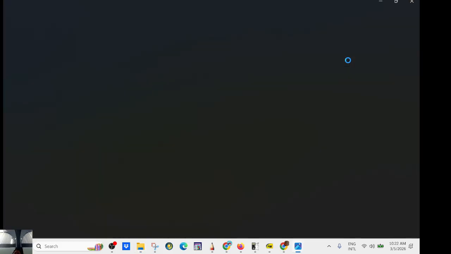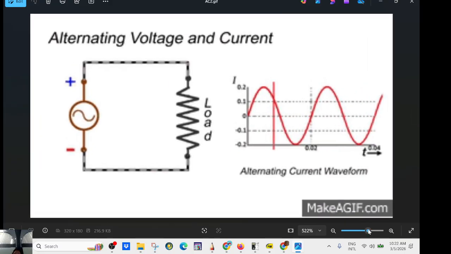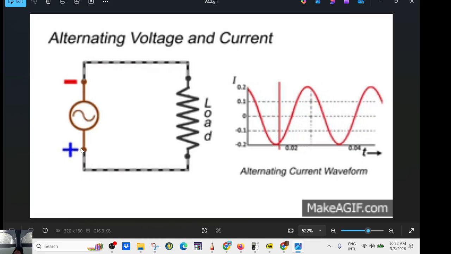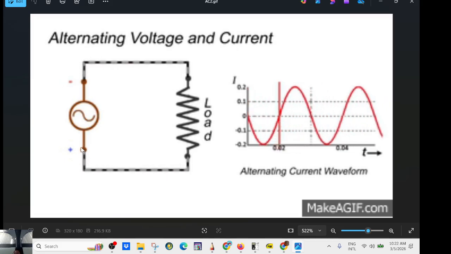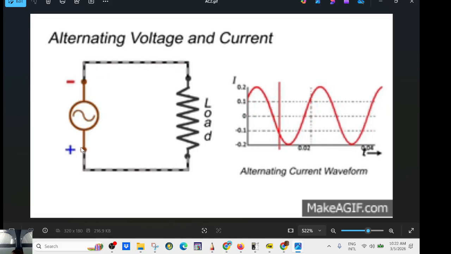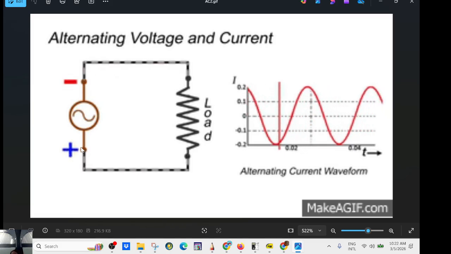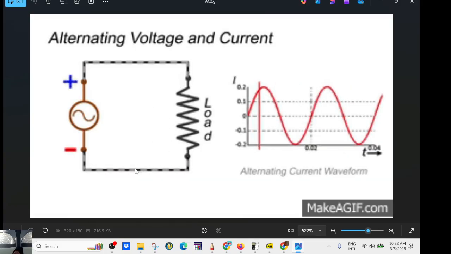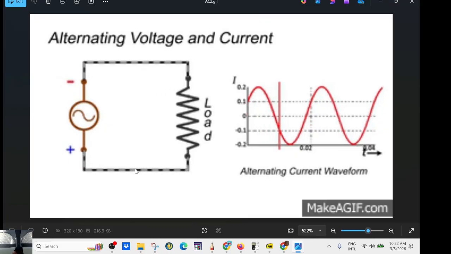Looks like this. You see plus, and then it gets to minus, plus to minus. So the hot wire goes to 170, 0, minus 170, 170, 0, minus 170. So it goes back and forth, back and forth. That's the only way we can do it because of induction.